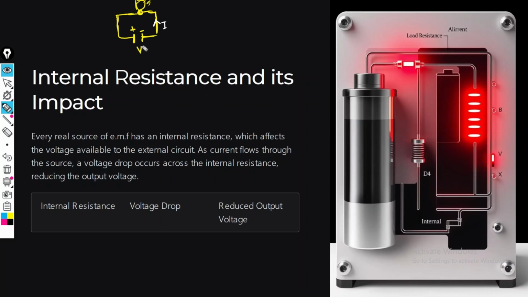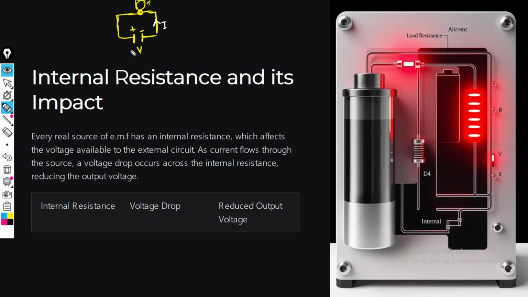Due to those phenomena and conditions inside the batteries, some of the energy will be dissipated inside the battery.